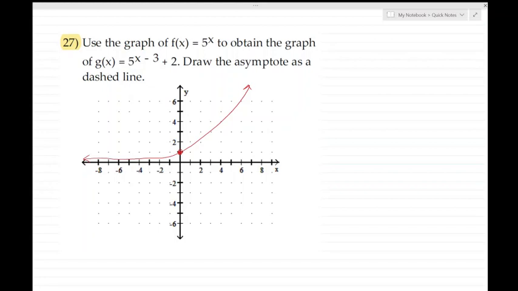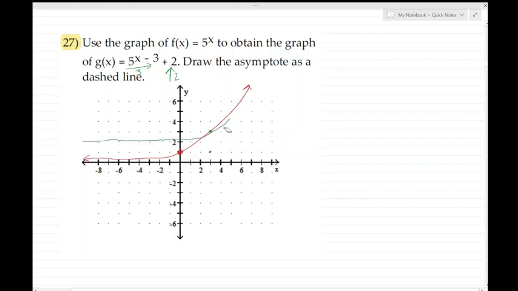So just like with the other functions, there's a shift to the right by 3 units, and then a shift upwards of 2 units. So from that point 0, 1, we're going to go to the right 3 units right here, and then up 2 units. So right there, meaning that our graph is going to look something like this.